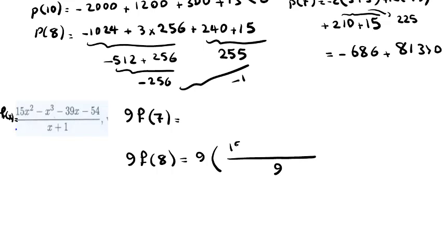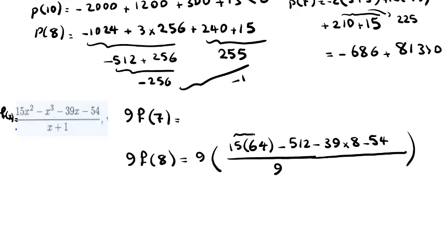15 times 64 minus 8 cubed, which will be 2 to the power of 9, 512, minus 39 times 8 minus 54. And then you can say, okay, it's 30 times 32, which will be this, and this one. 8 times 9, 72.